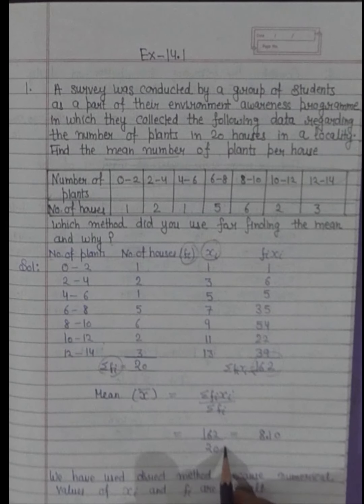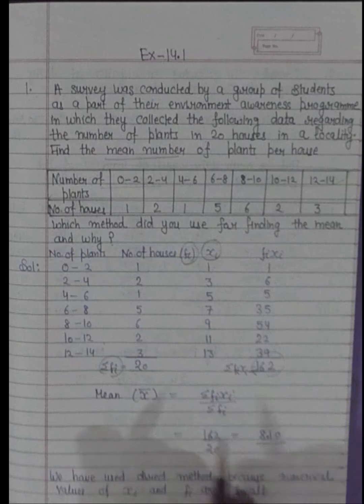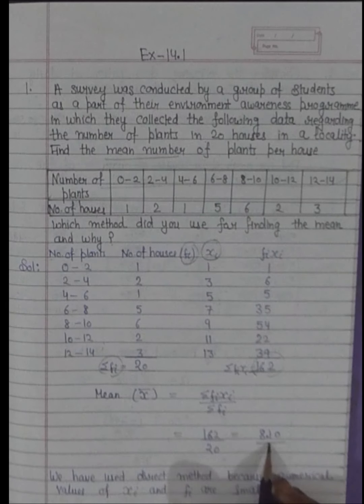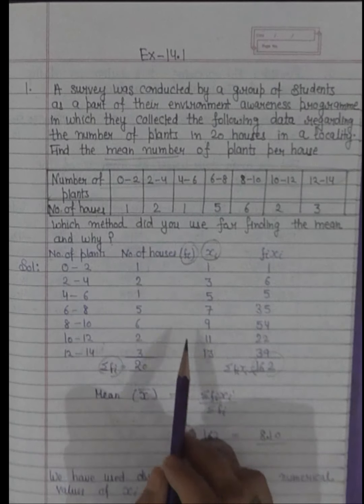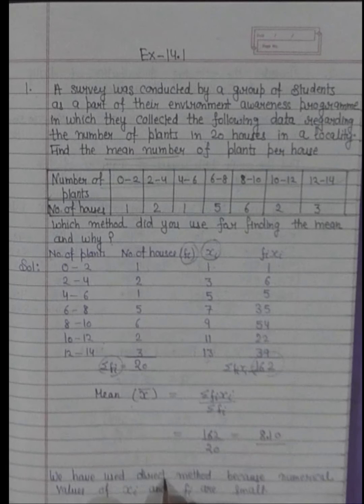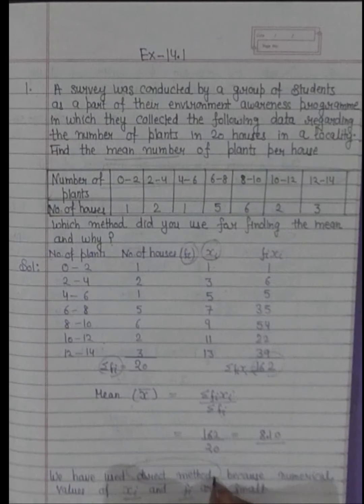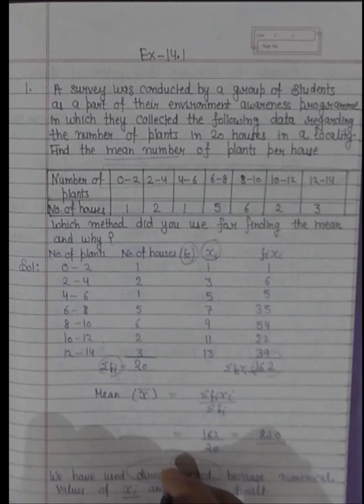After doing the calculation we get 8.10. So the mean is 8.10. If you want you can do it by the assumed mean method also, but I have used the direct method because the numerical values of xi's and fi's are small. If their values are small then always use the direct method, otherwise use the assumed mean method.